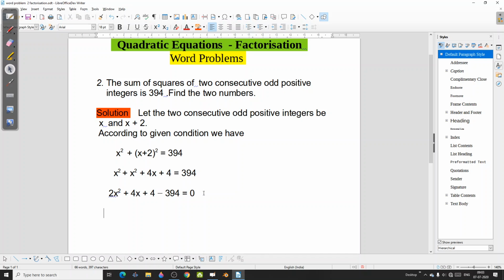So that is what we will write. 2x square plus 4x minus 390 equal to 0.